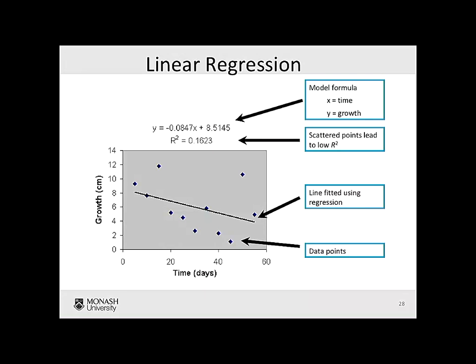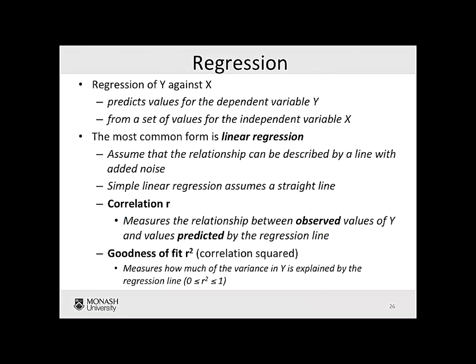So the formula is based on, here we're looking at time and growth. We basically calculate these two values, and we get this R squared, which is our, what did I call it earlier? Yeah, goodness of fit.